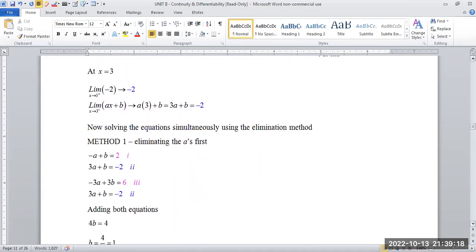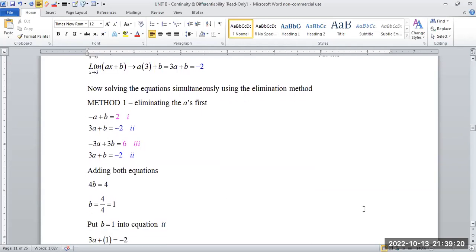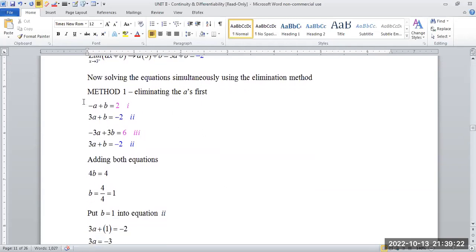Now we're solving simultaneously, and again I'm going to use the elimination method. These are my equations: -a plus b is equal to 2, and 3a plus b is equal to -2. I'm solving that simultaneously. I recognize that a is negative in one and positive in the other, so all I'm going to do is multiply the first equation by 3, a scalar quantity.